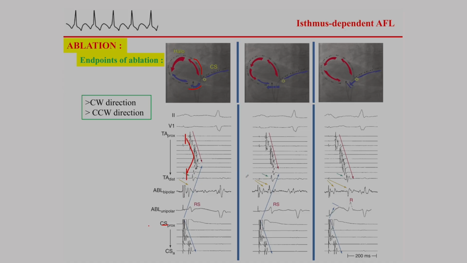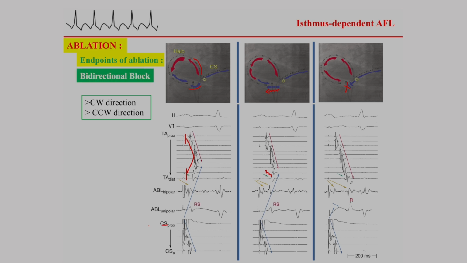Progressively in the middle, we see that we have some delay. We still have some delay with this collision moved more inferolaterally in the halo catheter until we have a purely descending activation from the proximal to the distal, suggestive of a clockwise block here in the isthmus.